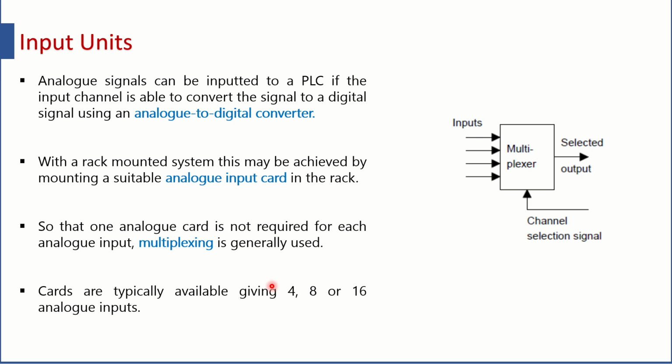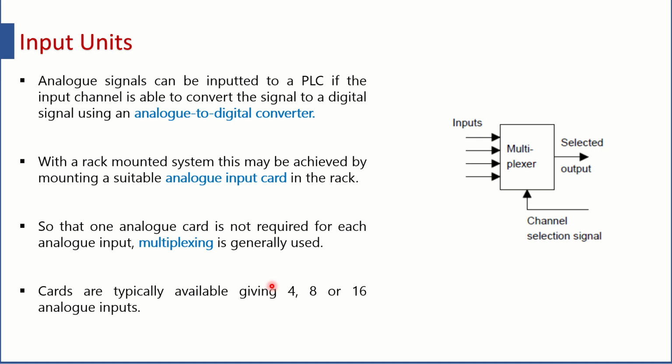Because if you are using an Allen Bradley PLC, you cannot add a Siemens unit. If you are using a Mitsubishi PLC, you cannot put an Allen Bradley add-on card. So whatever add-on card you are using must be of the same family and the same manufacturer. Otherwise, it is not possible to add any card.